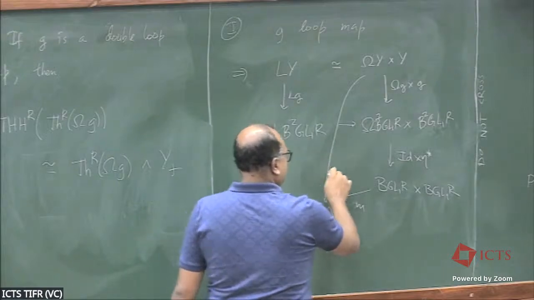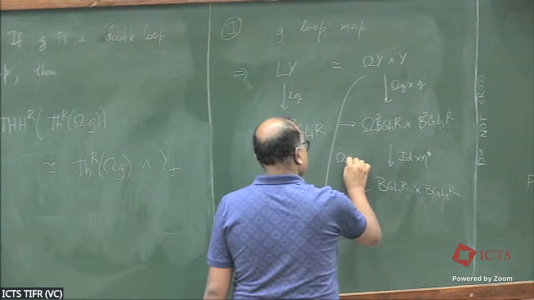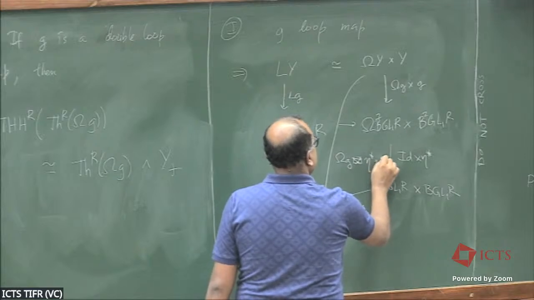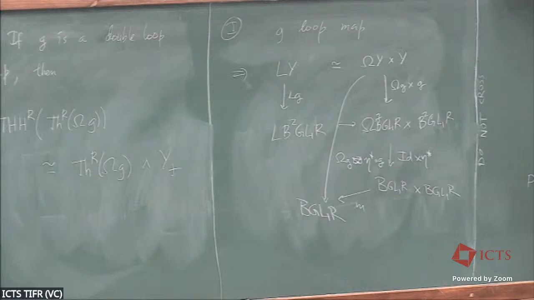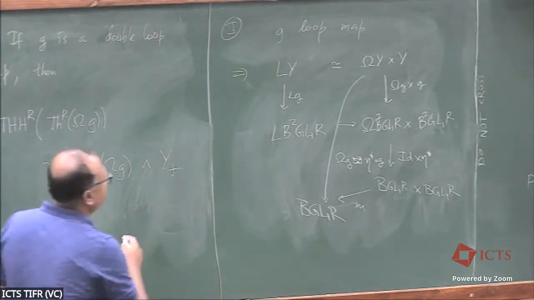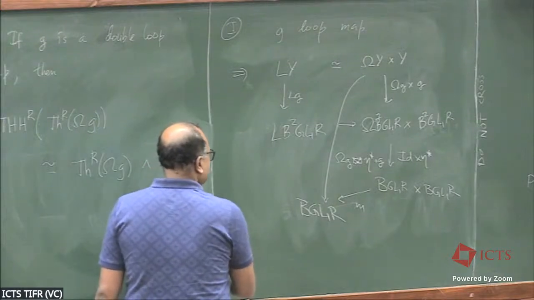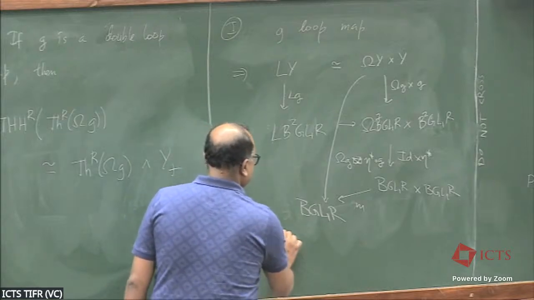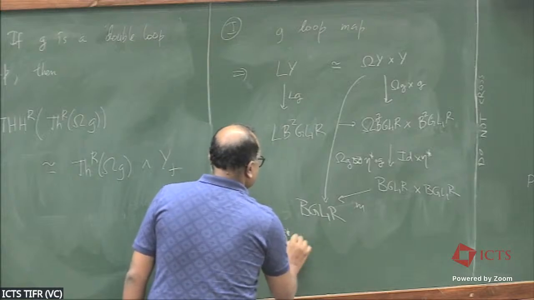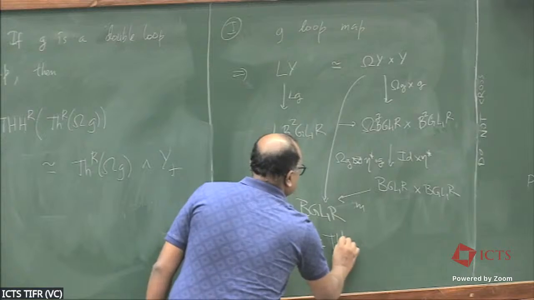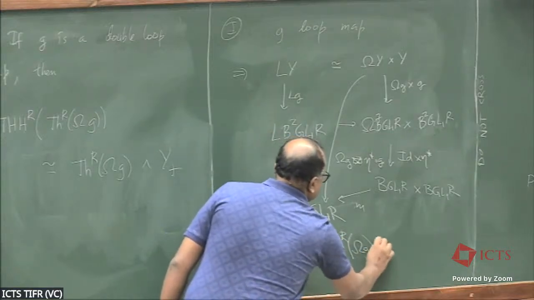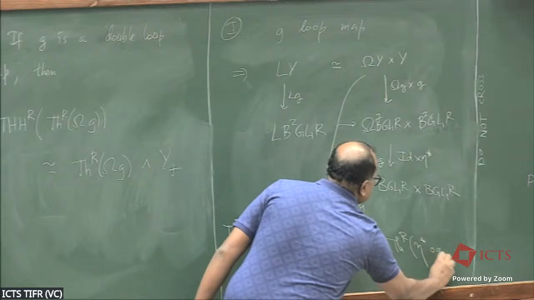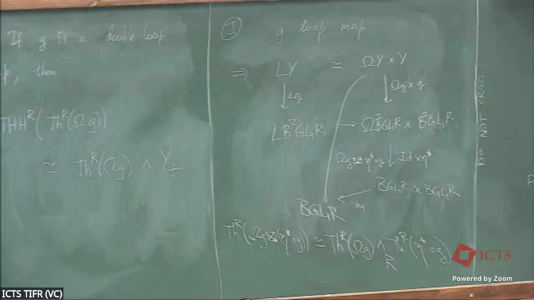So this map is nothing but omega G box cross eta star circle G. And then the fact that the Thom spectrum is symmetric monoidal implies that the Thom spectrum of omega G box cross eta star circle G is the Thom spectrum of omega G smashed over R with the Thom spectrum of eta star circle G. Okay, so that verifies this case 1.